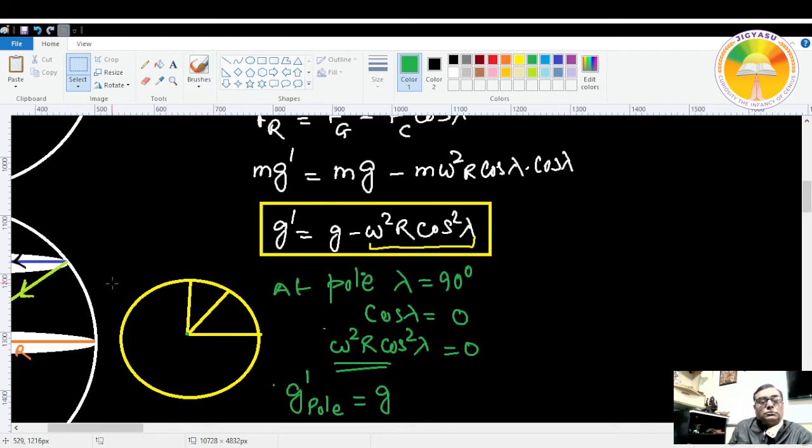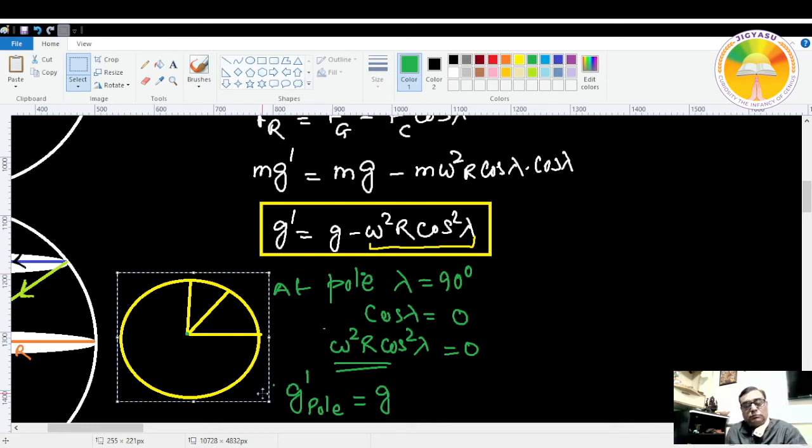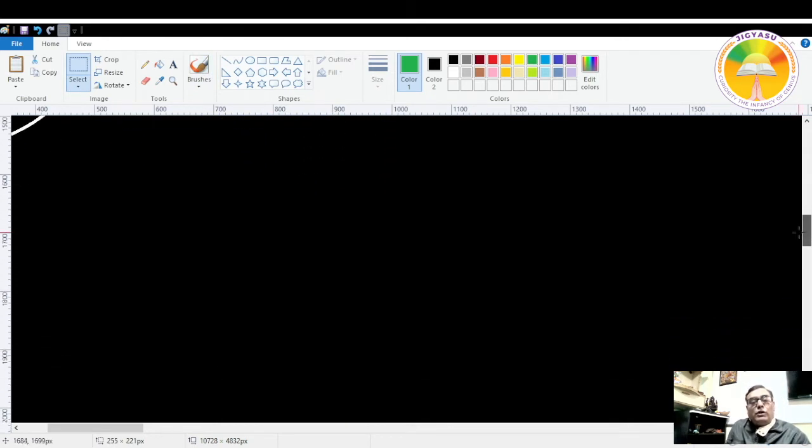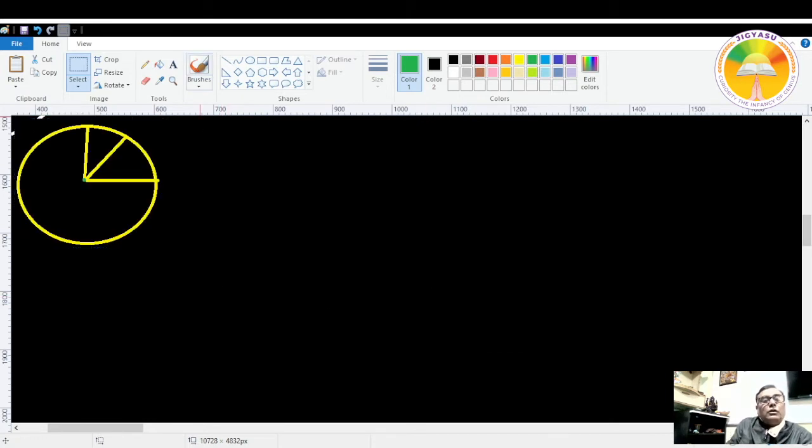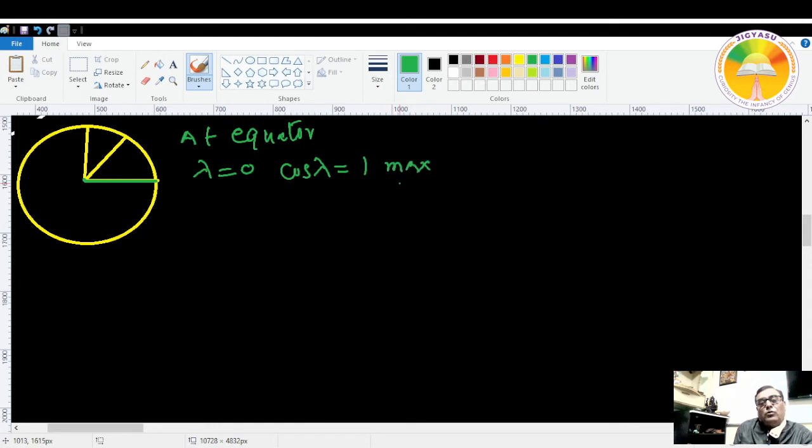Let us talk about the equator. At the equator, the lambda, as I said, this position vector, if it comes over here, the angle will be 0. So at this position at the equator, lambda is 0. That makes cos lambda 1, which is the maximum value.